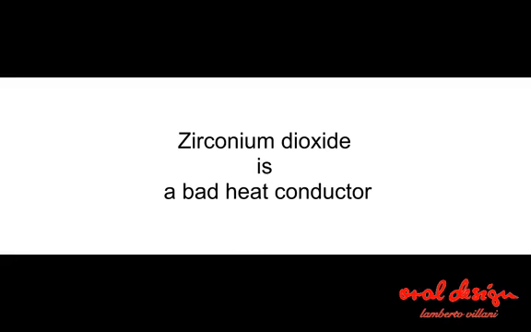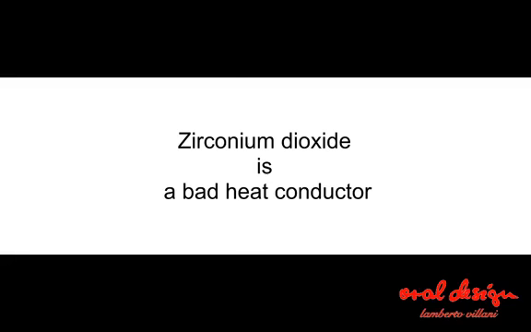It means that when you are going to fire ceramic on zirconia and you are putting 45 degrees per minute, it's too fast for the zirconium framework. It will not reach the temperature so fast. It needs a long time to take the heat.